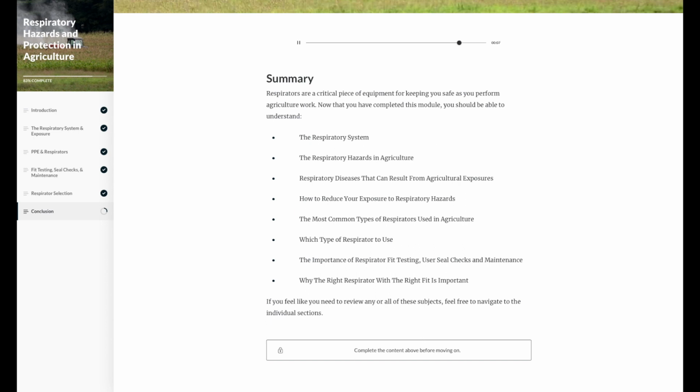If you feel like you need to review any or all of these subjects, feel free to navigate to the individual sections.